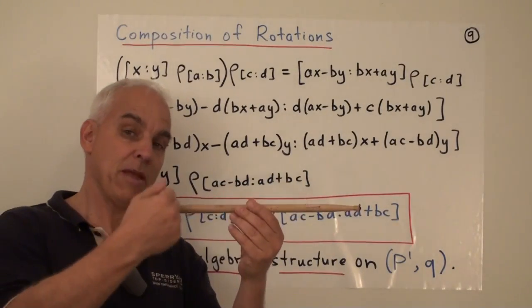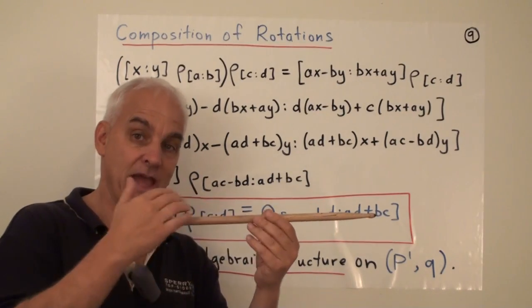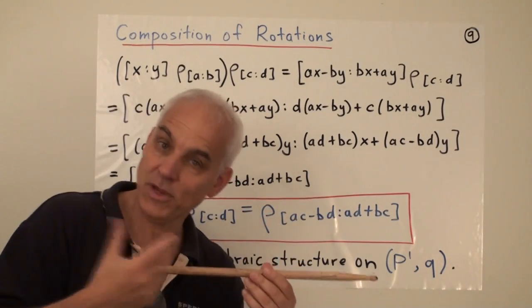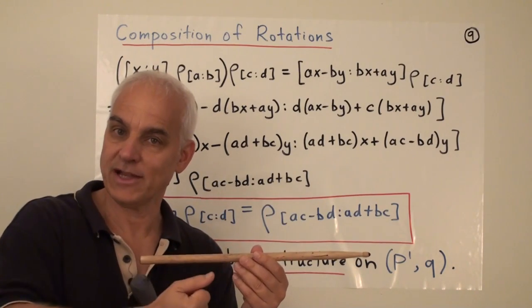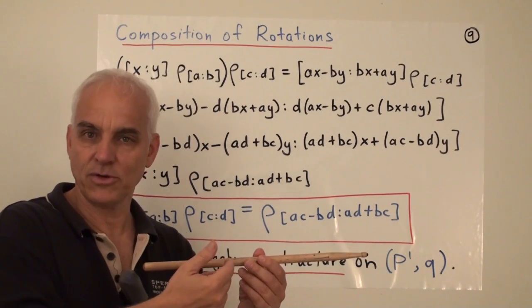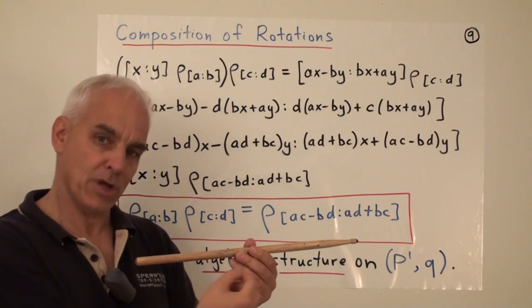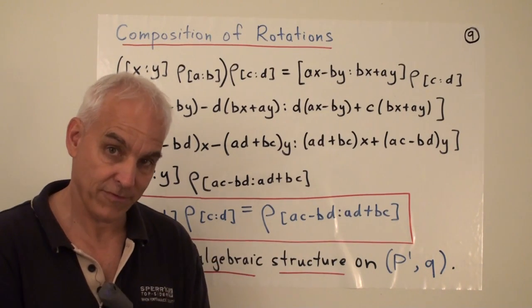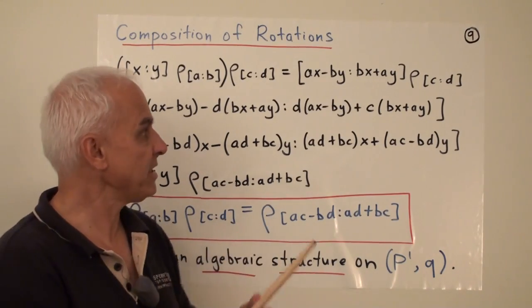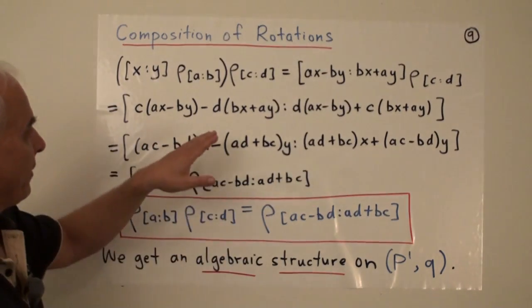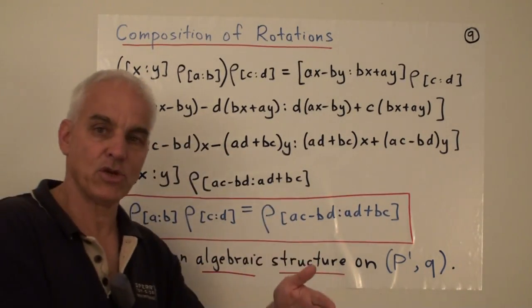Okay, so when we were thinking about translations of the affine plane, we noted that we could compose two translations to get a third translation. That basically amounted to addition of the underlying labels for the translations. Something very similar happens here with these rotations if we compose one rotation with another.